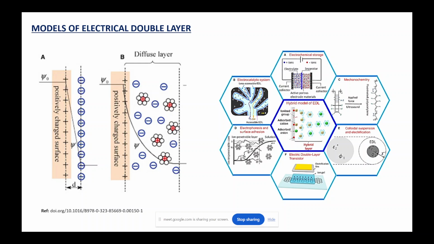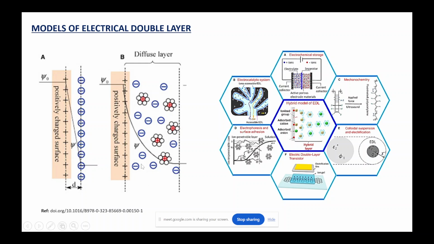After which this Helmholtz electrical double layer model was further improved by taking into account the thermal motion and the diffusion of the electrolyte ions to the surface. And that's what you can see here.